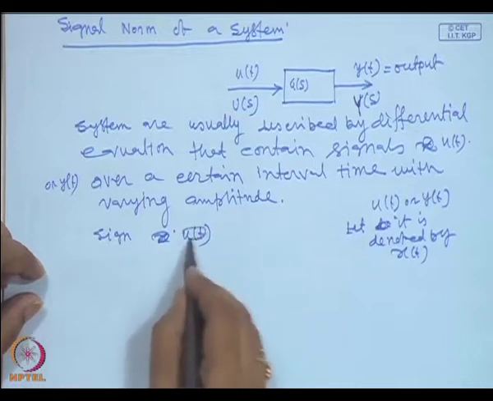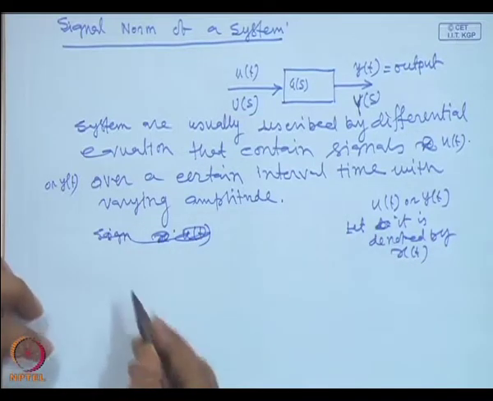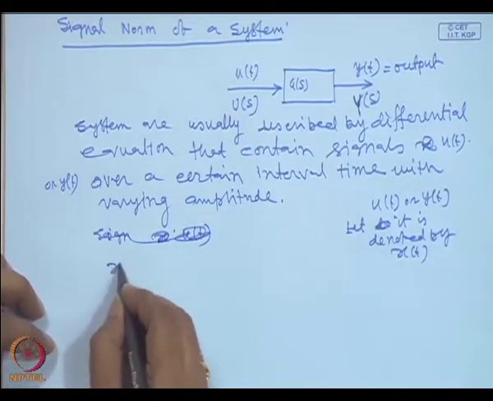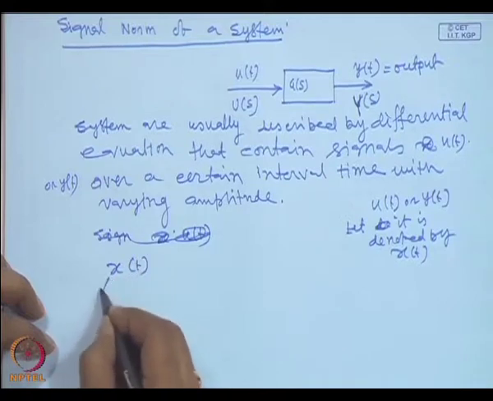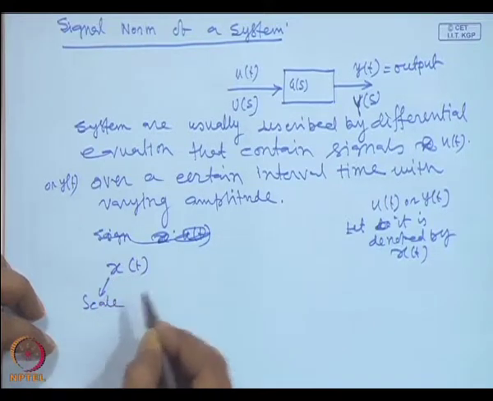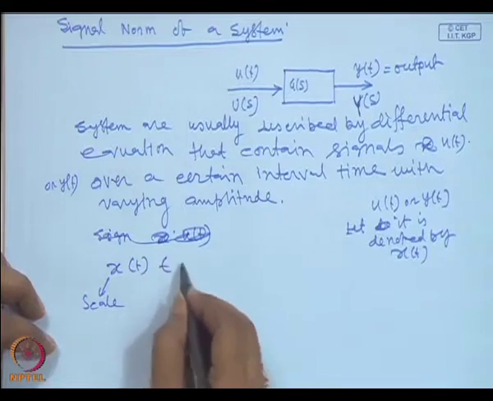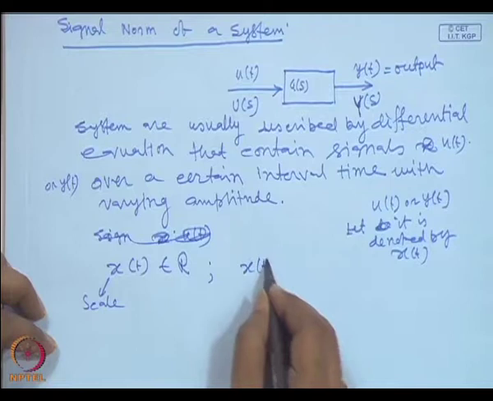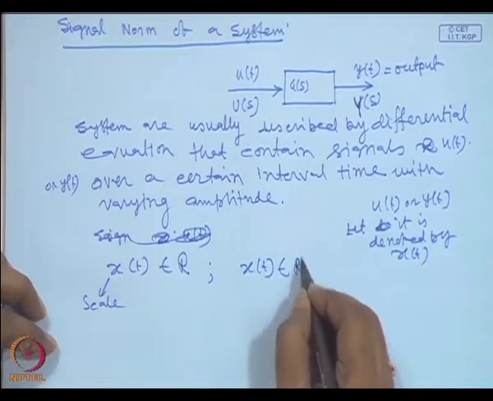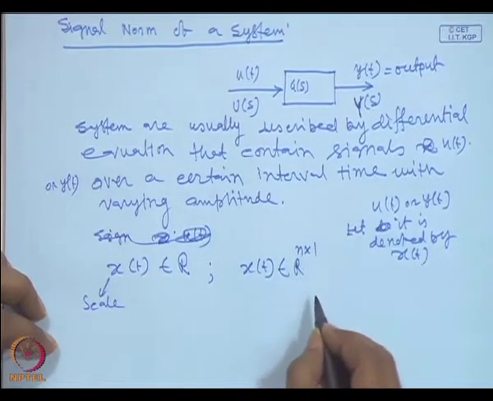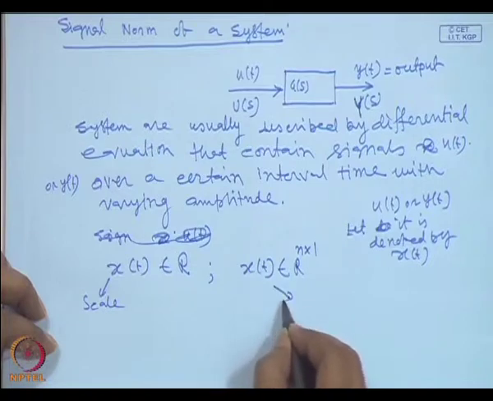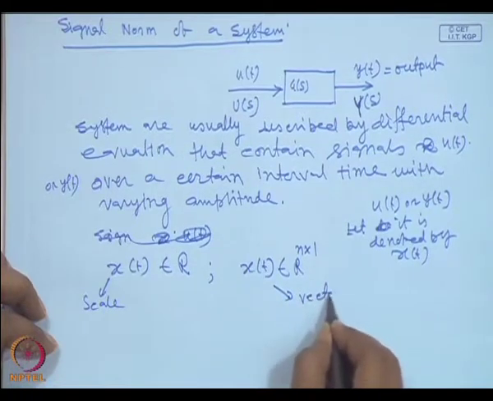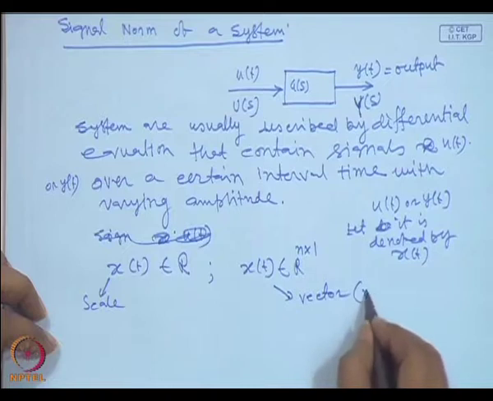So, the signal, now onwards I am writing x of t. Now, the signal, if it is a scalar, that means one signal is there and it is real, or x of t can be a vector of dimension n cross 1.